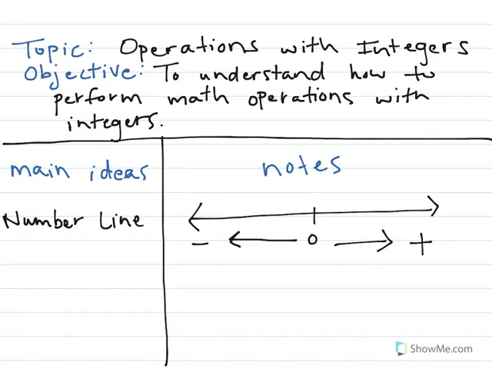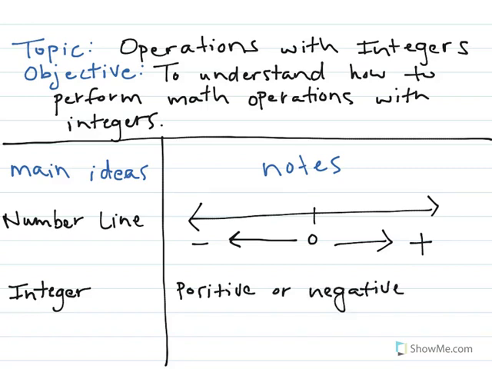So, now that we have that taken care of, let's go ahead and just define what an integer even is. An integer is a positive or negative whole number, or 0.